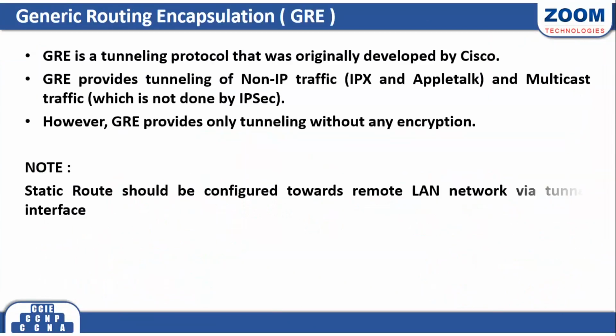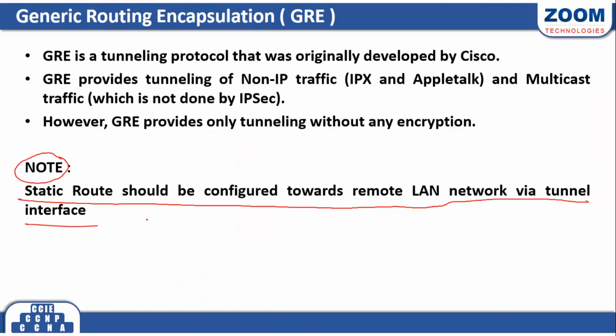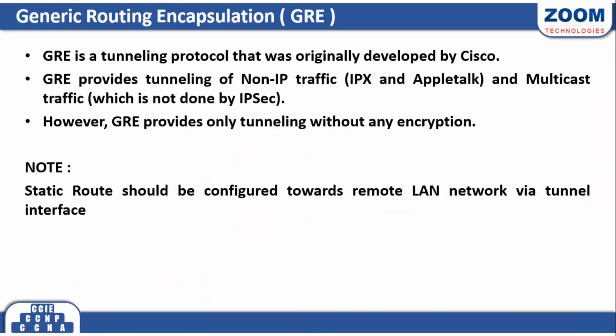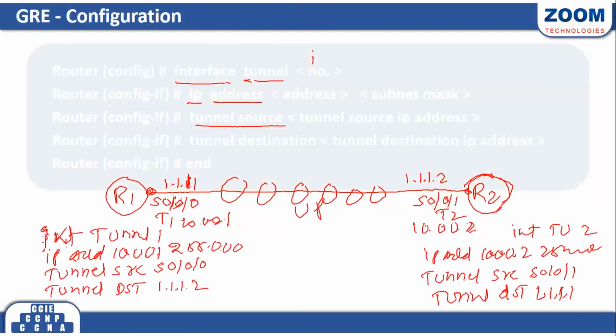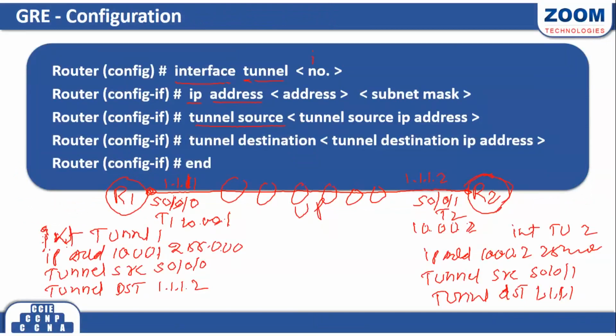That is what this note says: a static route should be configured towards the remote LAN network via the tunnel interface. So it will be a common routing table, not something different for this tunnel. Normal routing table. We just need the tunnel interface to know how to reach that routing information.